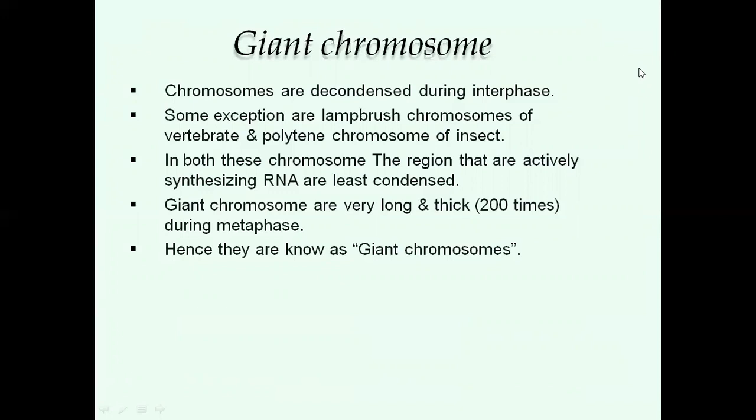In the least condensed state, the DNA molecule actively synthesizes mRNA transcripts. And giant chromosomes are very long and thick during the metaphase. Hence, they are known as giant chromosomes.